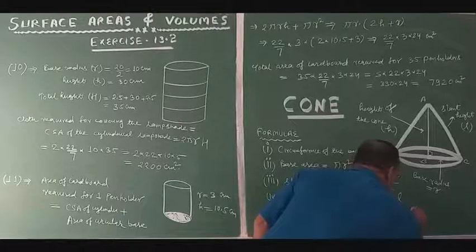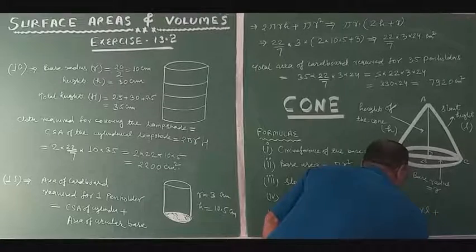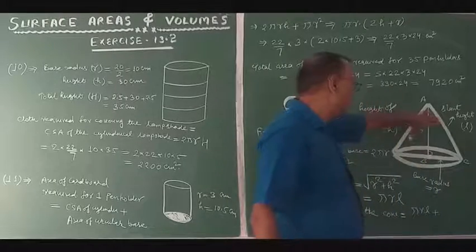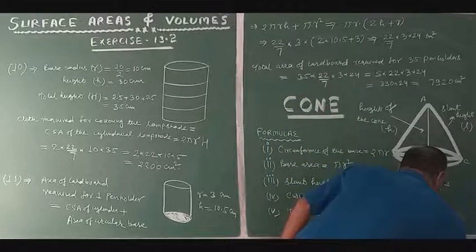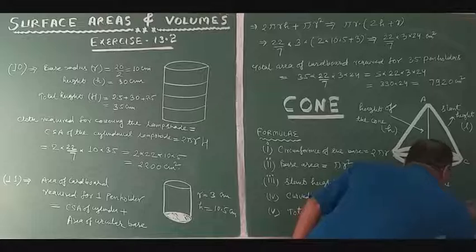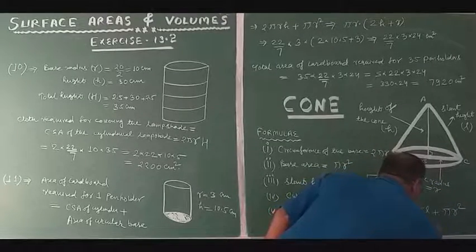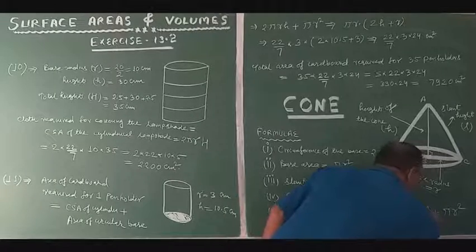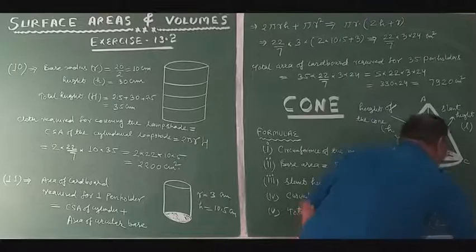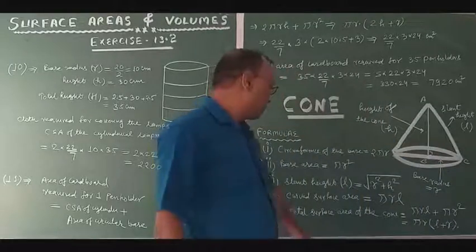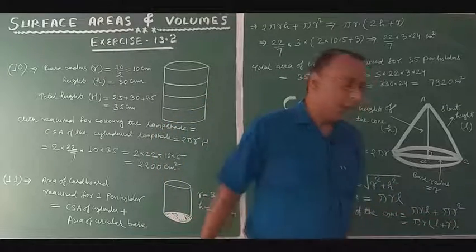This will be pi R L, and when we add this CSA plus the area of the base, which is pi r square, you can take pi r common. In the bracket you will get L plus R. So the total surface area of the cone is pi r into the bracket L plus R.